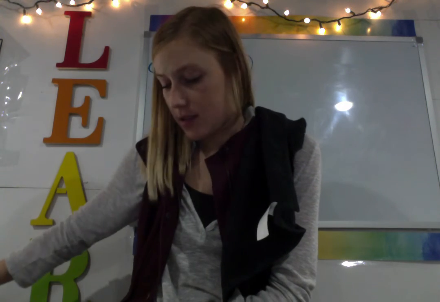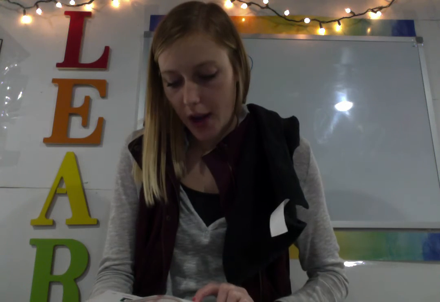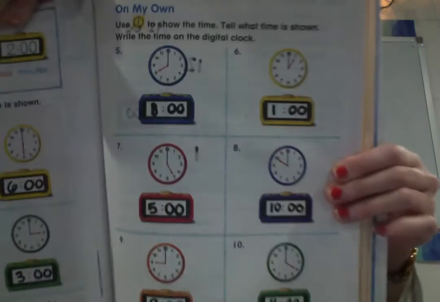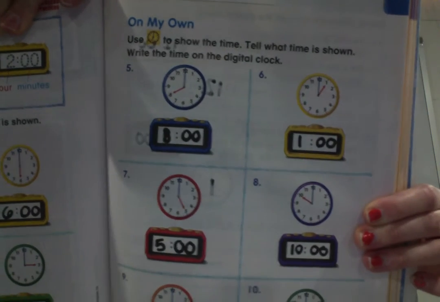Big hand is on the 12, little hand is on the 10, so I know this clock is showing 10 o'clock. So number 8, you should have 10, 0, 0. Number 9, you should have 9 o'clock or 9, 0, 0. And 10, you should have 4 o'clock or 4, 0, 0. These are the answers you should have gotten. Go ahead and pause the video there if you need to copy it down.